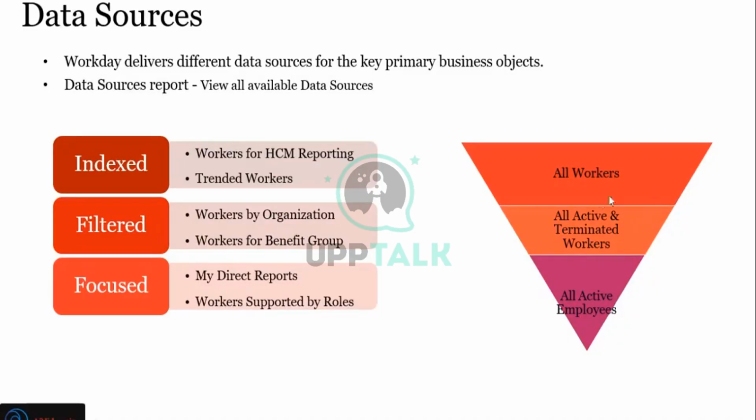Then under that you have another data source called all active and terminated workers. And below that you have a data source called all active employees. Now what does this signify?